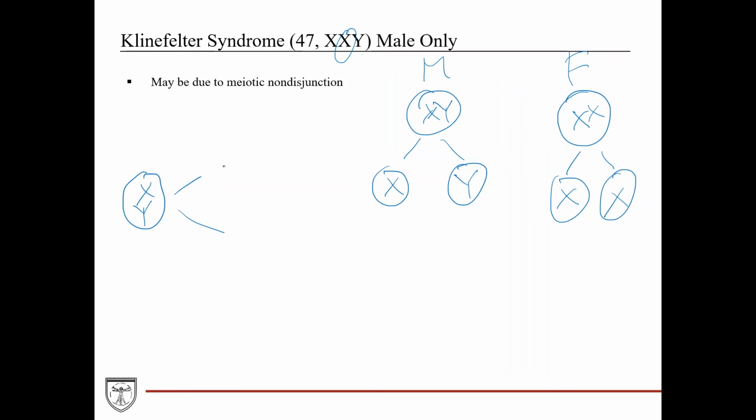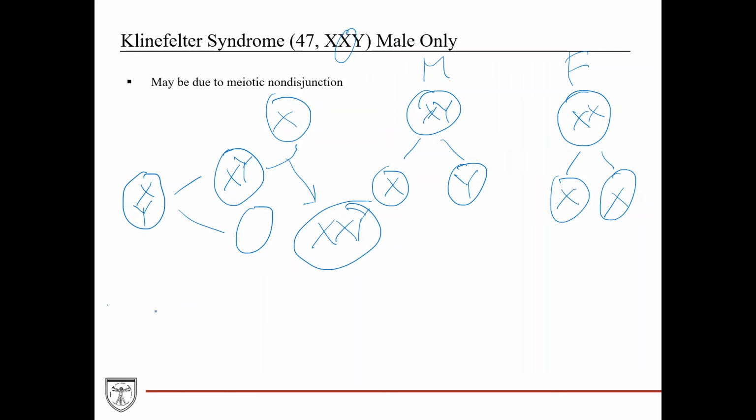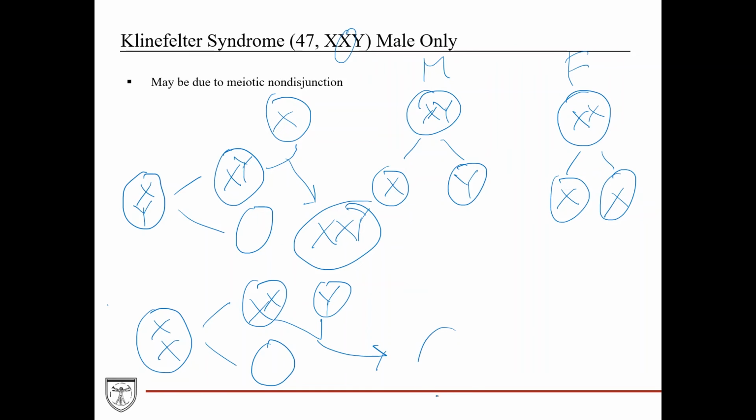And so what happens is you have XY like this, and then nothing here, and so then this combines with a normal X from a female. Fertilization occurs, and you have XXY here. On the maternal side of things, you have non-disjunction in the mother. You get 2 X's here and nothing here, and so this combines with a sperm with a Y, and so that gives you, again, XXY.